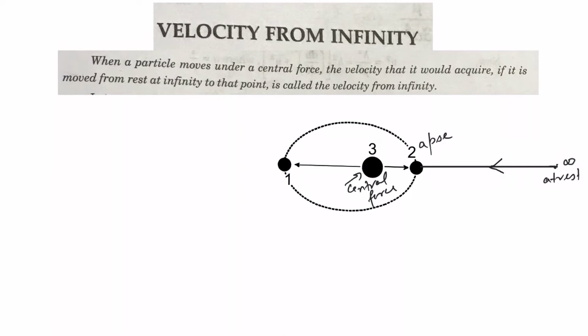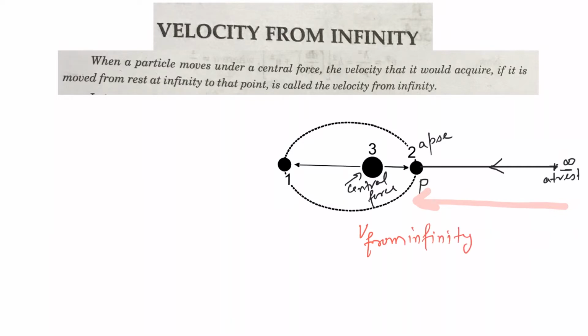Say this is infinity. At infinity it was at rest. The velocity it will acquire in coming from infinity to this point, say P, on the ellipse, or any point, the velocity that it will acquire in traveling this much distance from infinity, is called velocity from infinity.